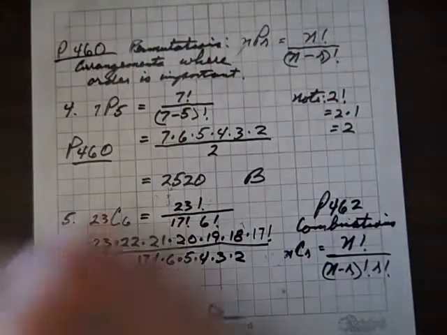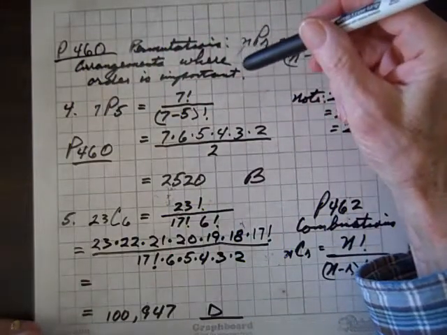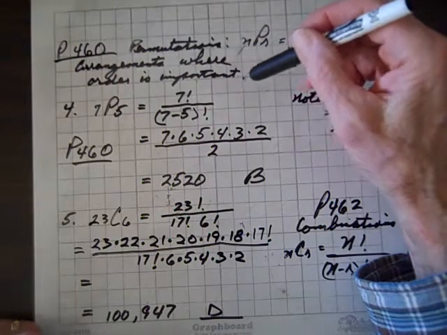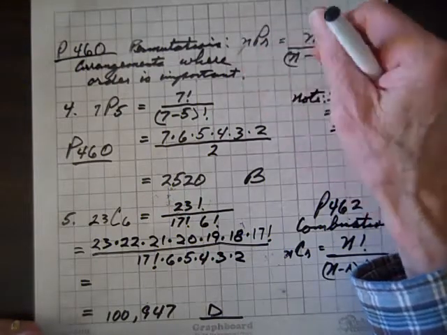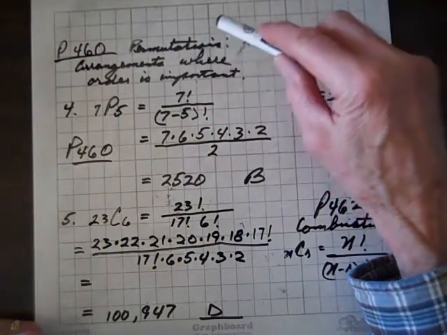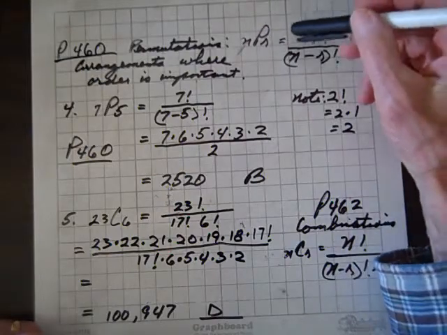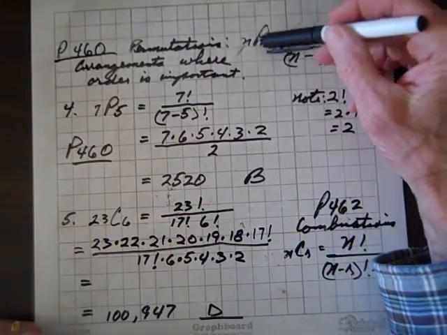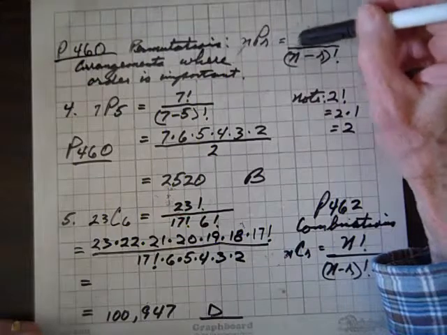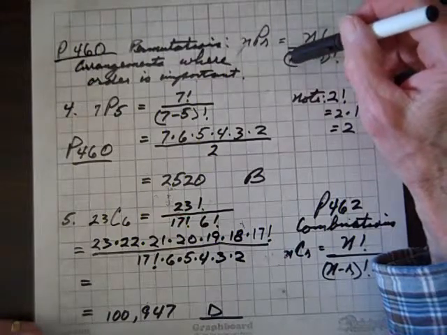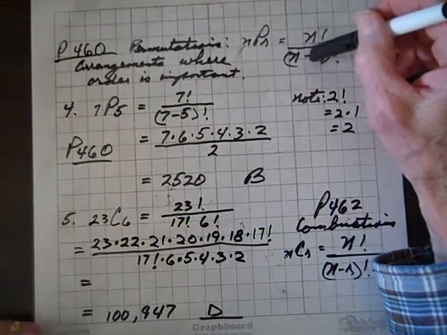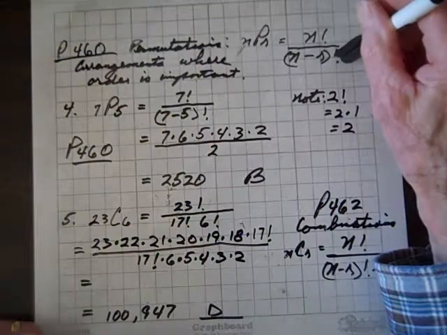For example, if you're going to choose a committee of president, vice president, and secretary, the order is important. And the formula for that is nPr equals n factorial over the difference between n and r, and that factorial.